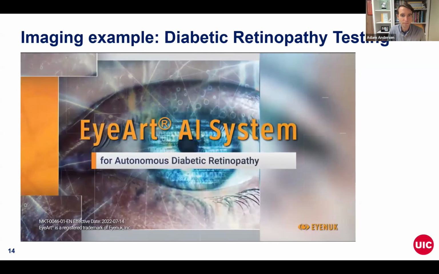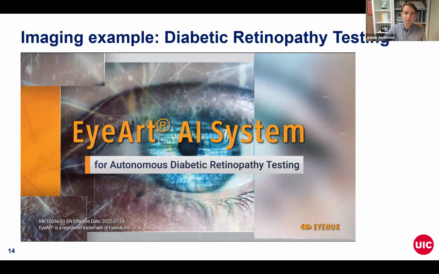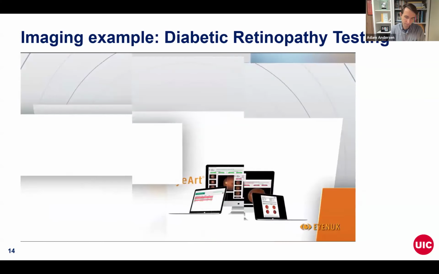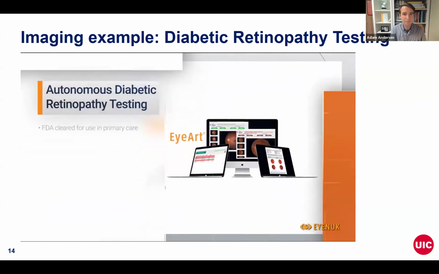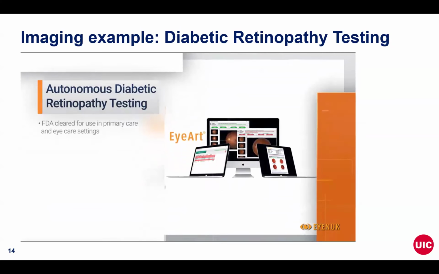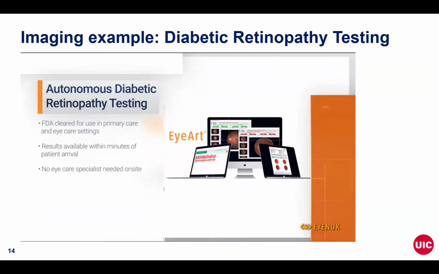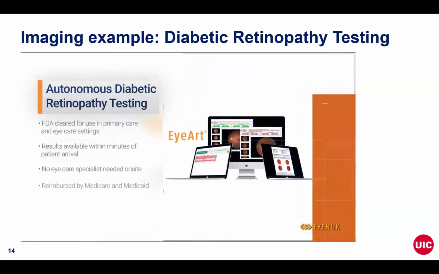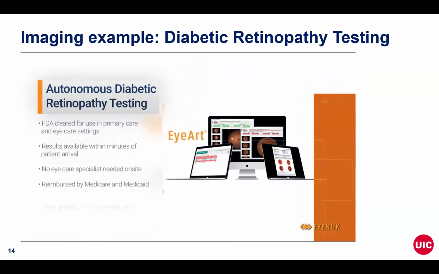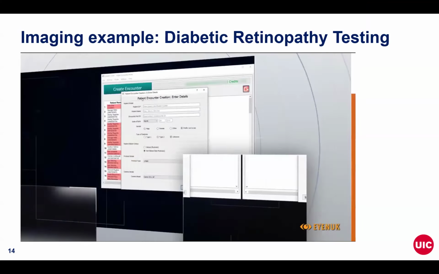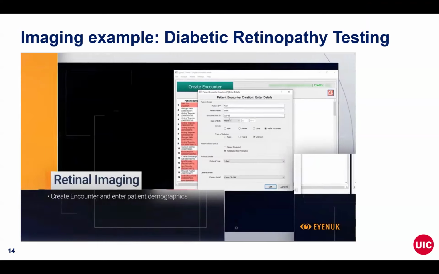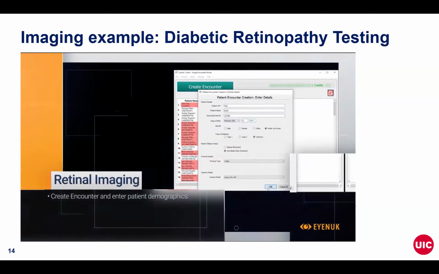Introducing the iArt AI system for autonomous diabetic retinopathy testing. The iArt system is FDA cleared for use in primary care and eye care settings, provides results within minutes of the patient's arrival, and does not require an on-site eye care specialist. It is reimbursed by Medicare and Medicaid, has been used globally on 5 continents, and has analyzed over 2 million images. First, a patient encounter is created, where the patient's name and other demographic information are entered.